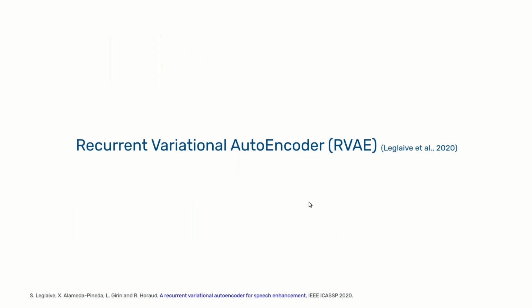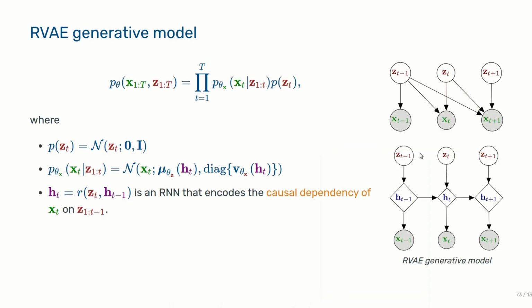Another model that we would like to discuss is the recurrent variational autoencoder, or RVAE. The generative model of RVAE is simpler than the one of SRNN. Indeed, the prior distribution of the latent codes is a standard multivariate normal distribution and is independent per each latent code.